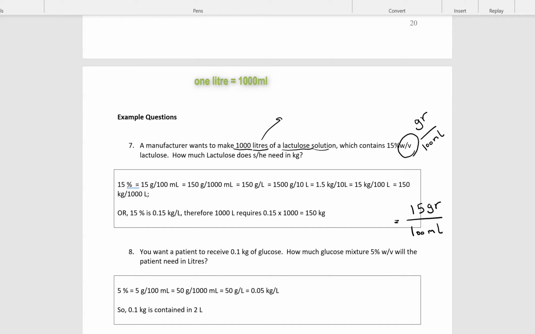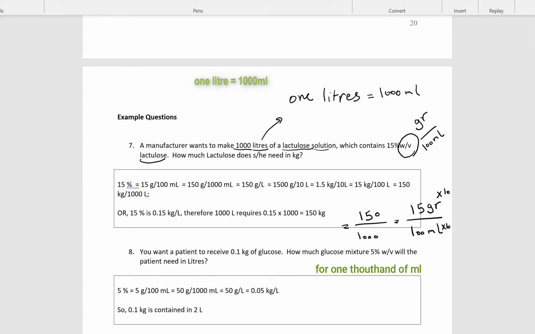So 1 liter equals 1000 milliliter. So how many grams of lactulose do we need for 1000 milliliter? If we times by 10, so 150 over 1000.